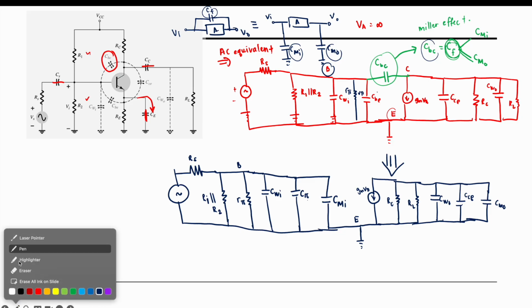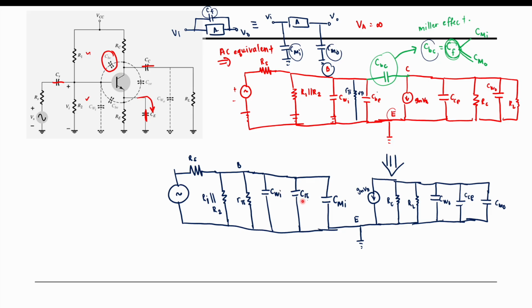Okay, so perhaps some of you may ask, the RL should be at the end, why did I put it here? I rearranged all of these resistors and capacitors because it's easier for us. Usually we put all the resistors at one side and all the capacitors at one side. So we just put our resistors RC and RL beside each other, but it is still parallel.